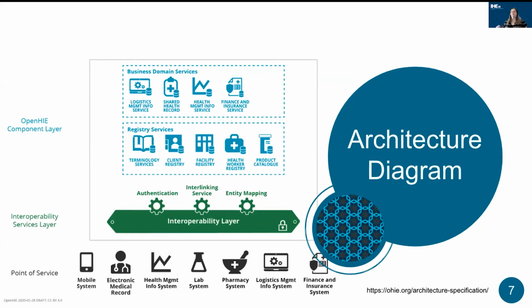And so maybe those of you who aren't familiar with an HMIS, it's basically a system that collects and stores health system metrics. So a typical metric for HIV might be how many people are on antiviral care.